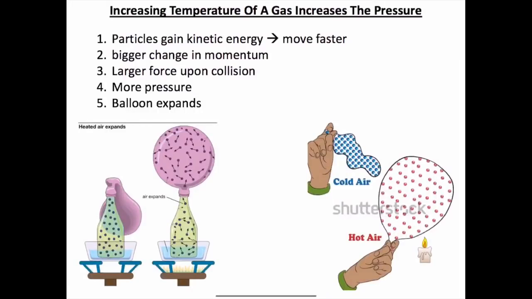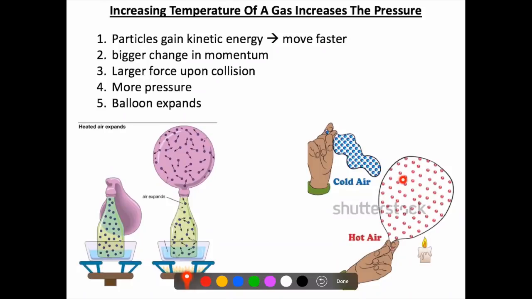Now, over here, we can talk about how increasing the temperature of a gas increases the pressure. So, for example, let's say you have a balloon, and inside that balloon, there are gas particles. If you begin to heat that up, the particles gain energy and they begin to move faster, and as a result, they create more pressure. So, how do you explain that? You say the following: particles gain kinetic energy.